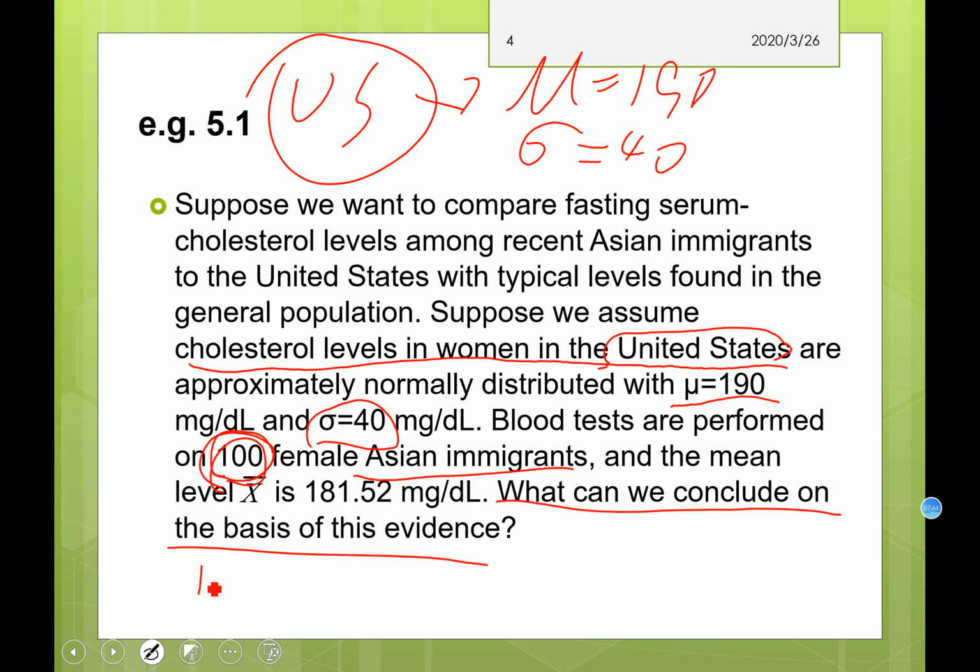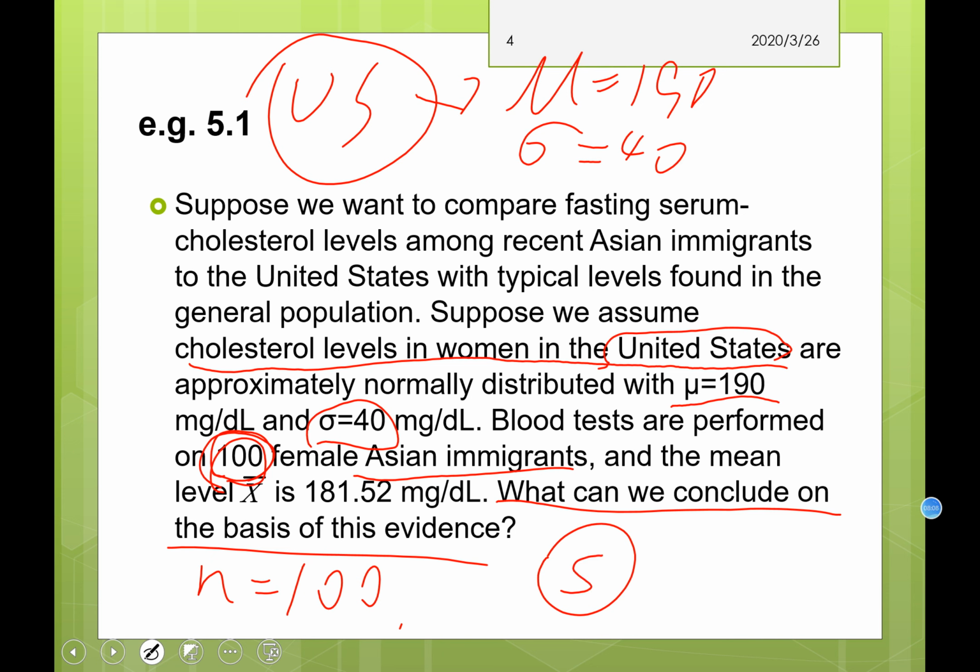So this number 100 is actually the sample size, right? The little n equals 100. And this is the given sample, that is female Asian immigrants consisting of 100 persons.